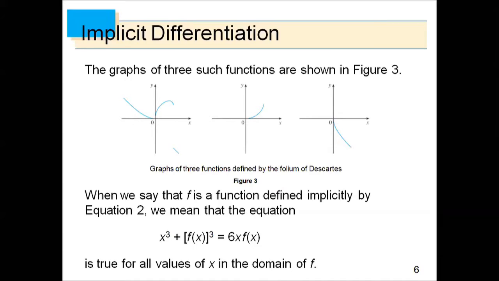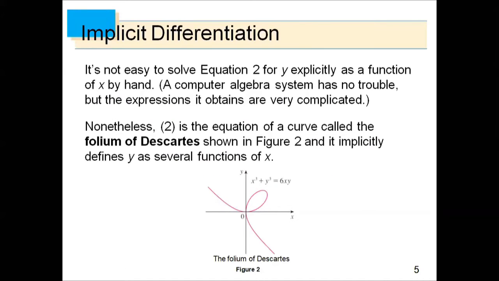The graphs of three such functions are shown in the figure. It is actually the same thing. Let me break it with blue. This part is 1, this part is 2, and this part is 3.